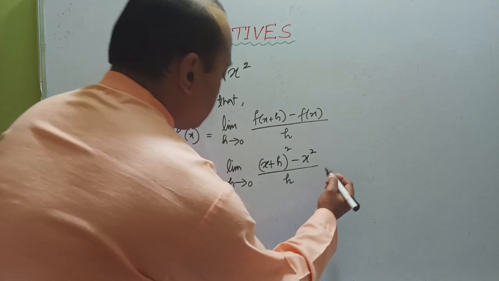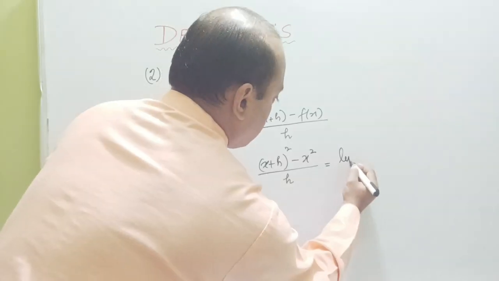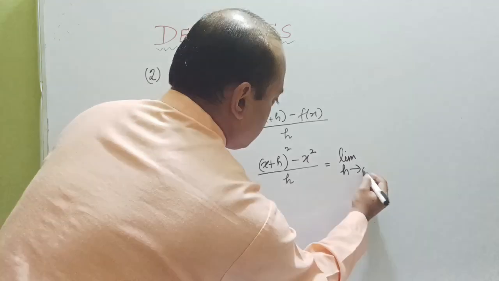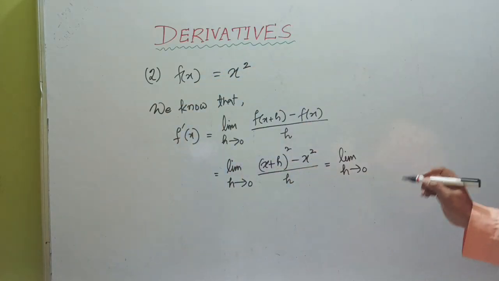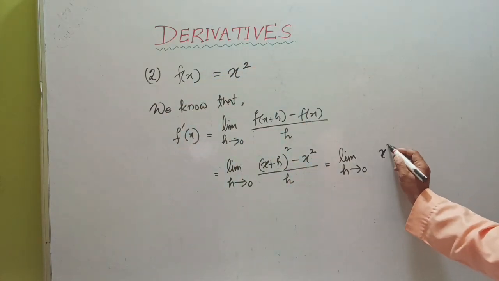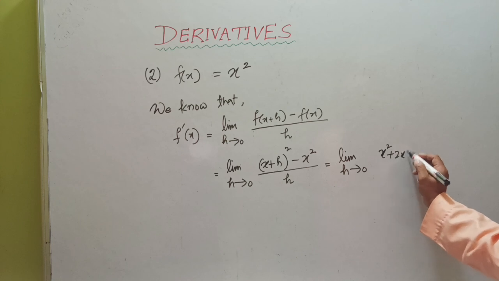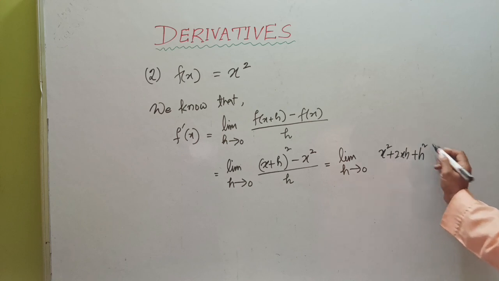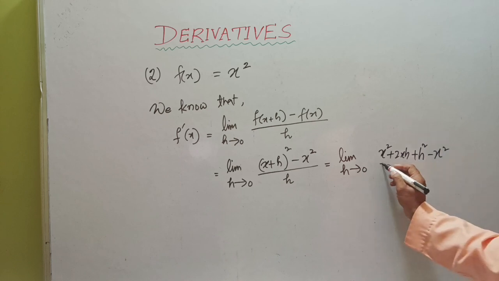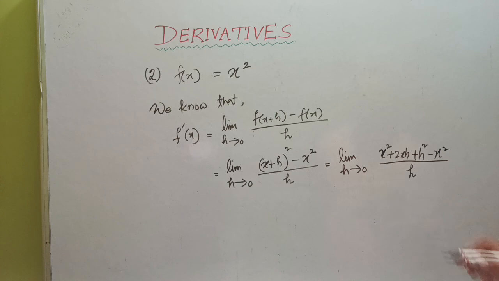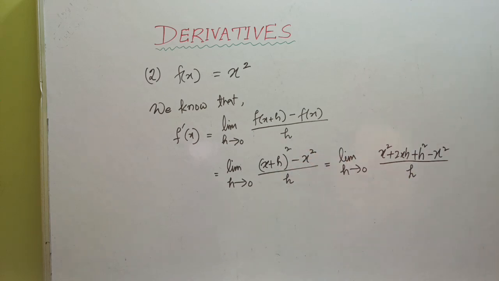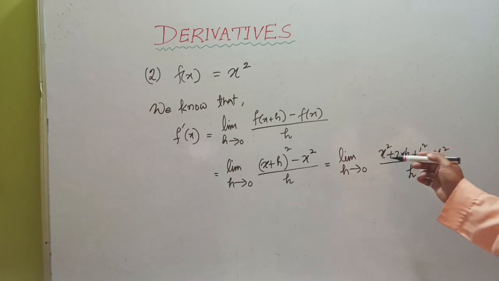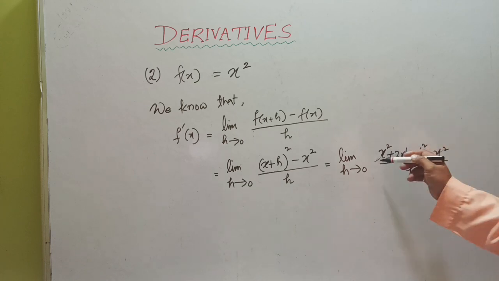So this is equal to limit of h tends to 0, and you can write this x plus h whole square by the formula: x square plus 2xh plus h square minus x square upon h. The a plus b whole square formula I have applied here. Now we see this x square gets cancelled.